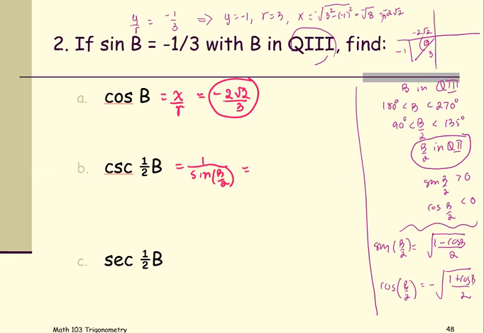So this is going to be 1 divided by the positive sine, the square root of, I can write as 1/2 multiplied by 1 minus cosine B to avoid the complication of a complex fraction, equals 1 divided by square root of 1/2, times 1 minus the cosine B, which is 3 plus 2 square root 2 divided by 3.